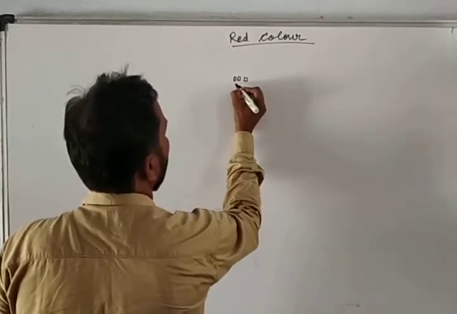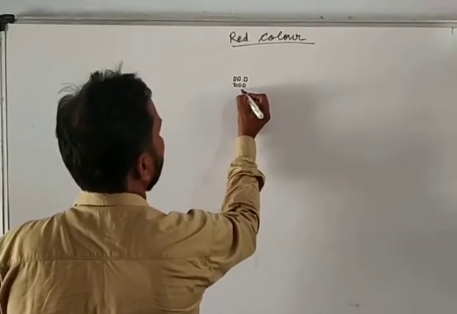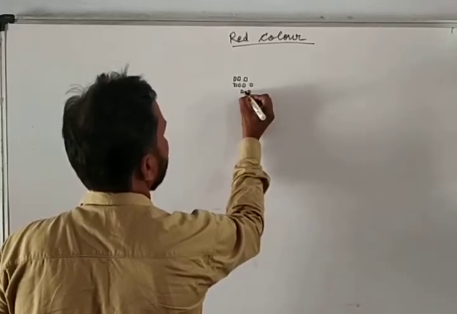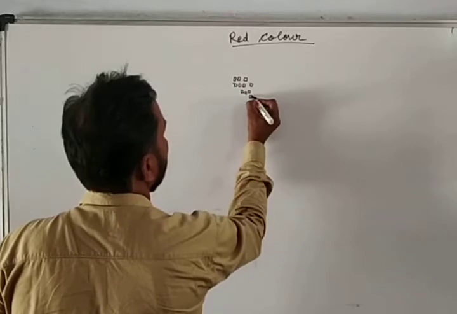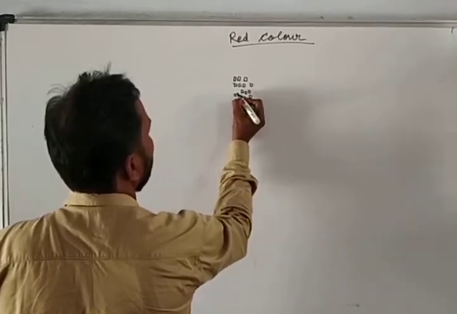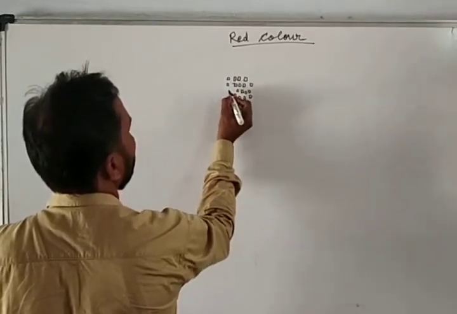If boxes are given very close to each other and they are making a big spot like this, these all will be in red color.